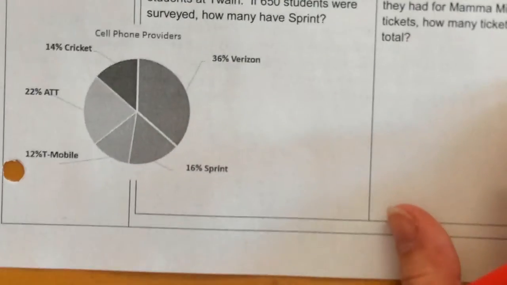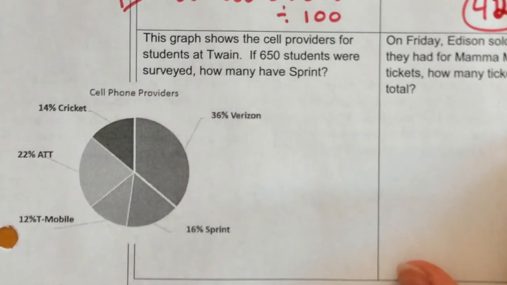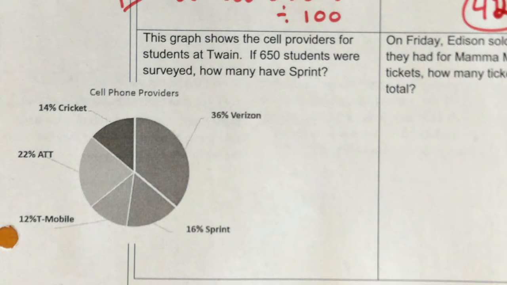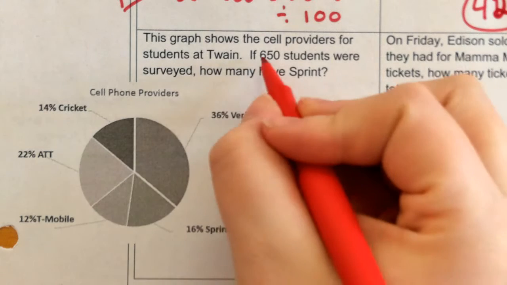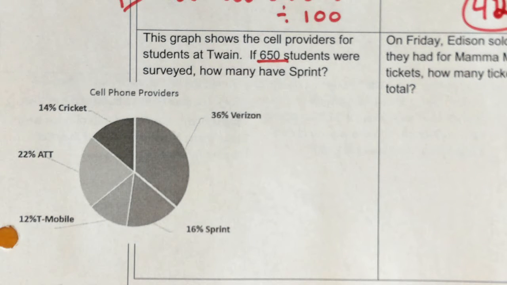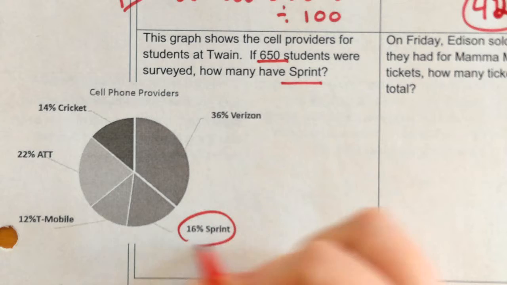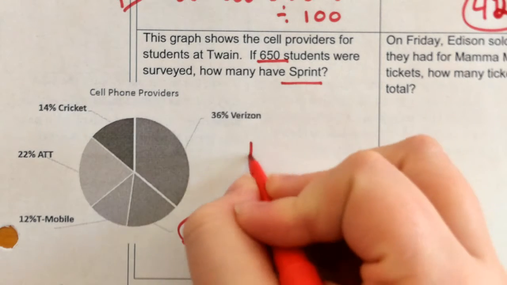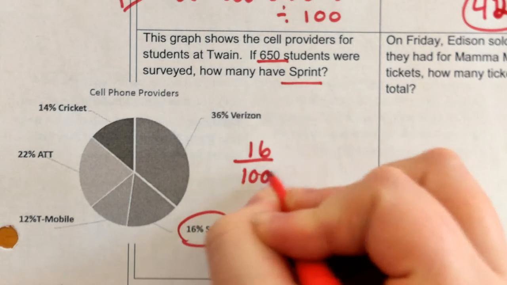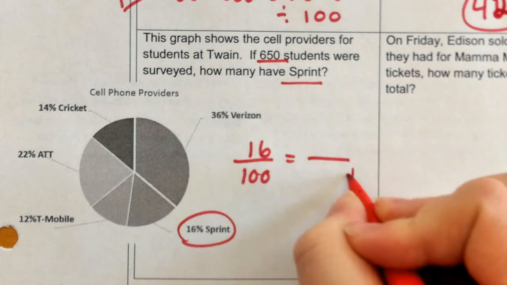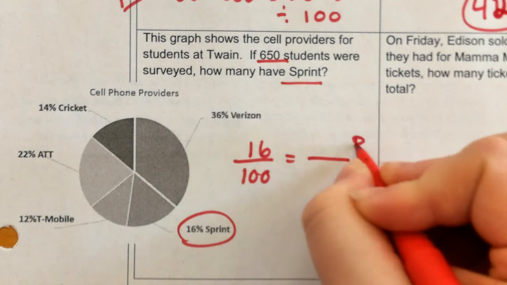We can also solve problems if they give us information in a graph. So this is a circle graph, and it shows the cell providers for the students at Twain. They said that 650 students were surveyed or asked how many have Sprint. Well, what do we know about Sprint? Well, Sprint is 16%. So 16% out of 100 equals, well, again, here we have that same issue.